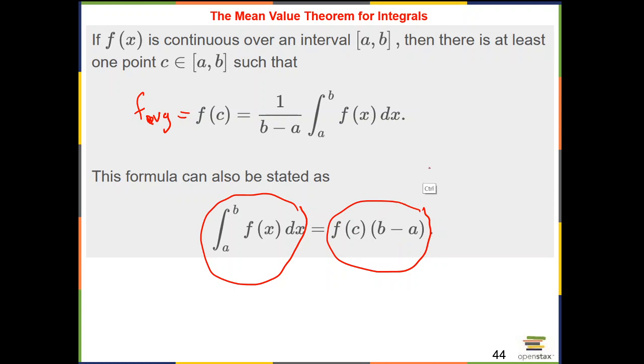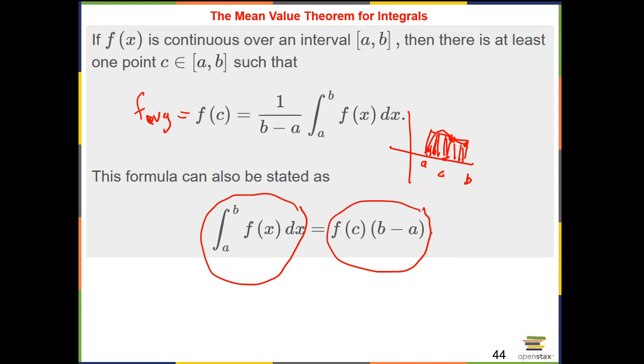And the idea is that if you have a function from a to b, the area under it is the same as if you find that c, let's say c is over here, and make a rectangle from a to b.